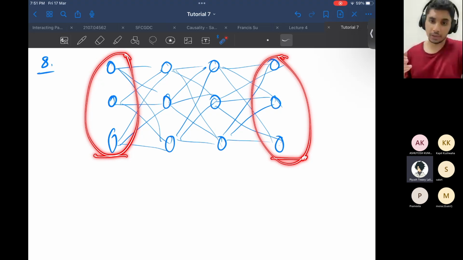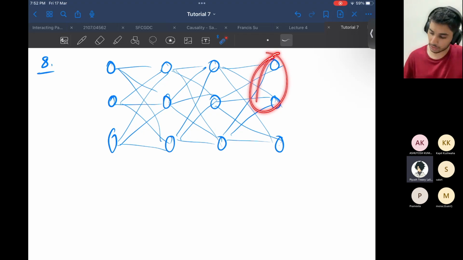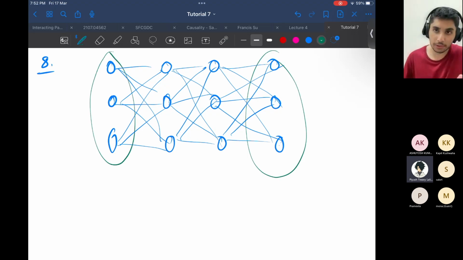In a neural network you cannot say, this time I will only give you two inputs, next time only one input, and another time all three inputs. Same with the outputs. You cannot tell the network to just output two of them, or just three of them. So these two layers, maybe I will circle them, I cannot do anything with them.